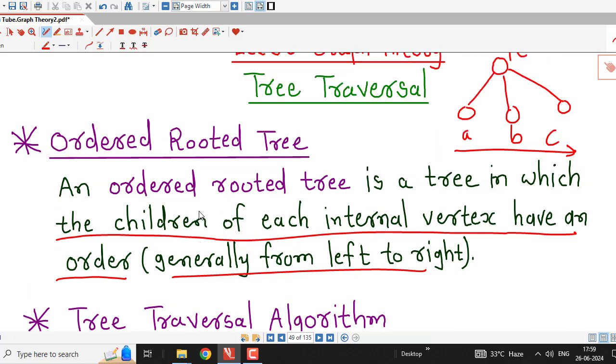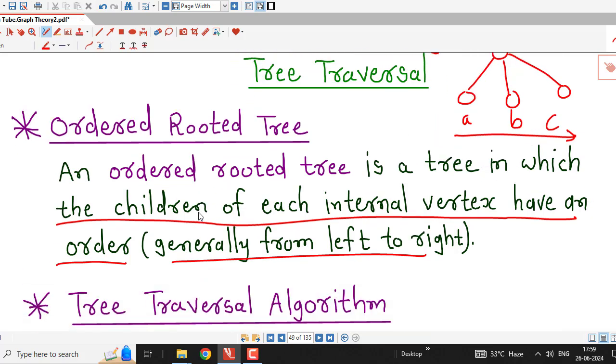We are discussing these tree traversal algorithms for ordered rooted trees, so we must understand this definition also.